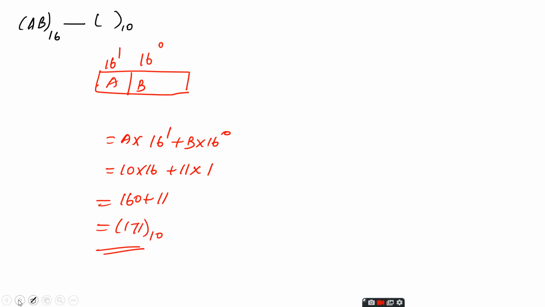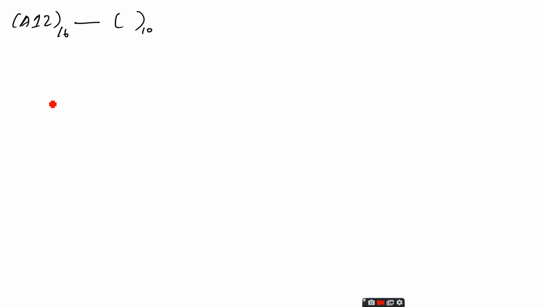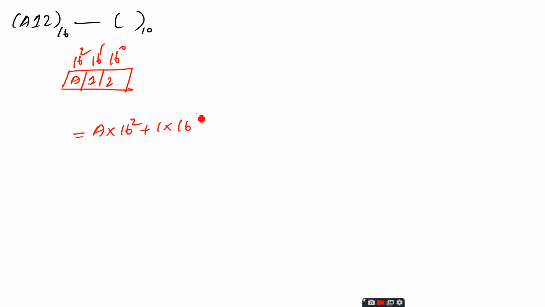This is the answer. Next question is A12. That is a hexadecimal number. A12. And we have to give the positional value 16 raised to 0, 16 raised to 1 and 16 raised to 2. After that, we have to expand it. A into 16 raised to 2 plus 1 into 16 raised to 1 plus 2 into 16 raised to 0.